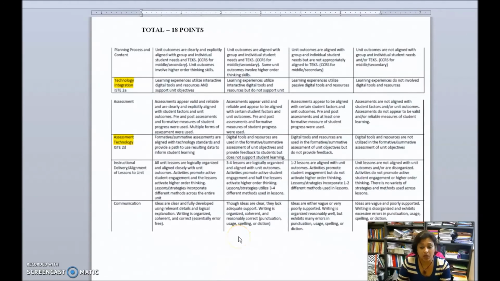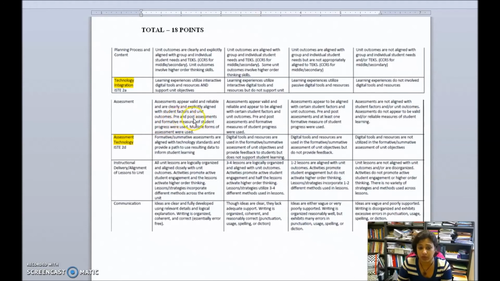So let us talk about the rubric. So this is the part of the rubric that deals with the lesson plan, and all the 3 lesson plans are looked at it holistically. So, but there are some things for you guys to make sure you include in your unit plan. For example, like we have talked about the pre and the post assessments.